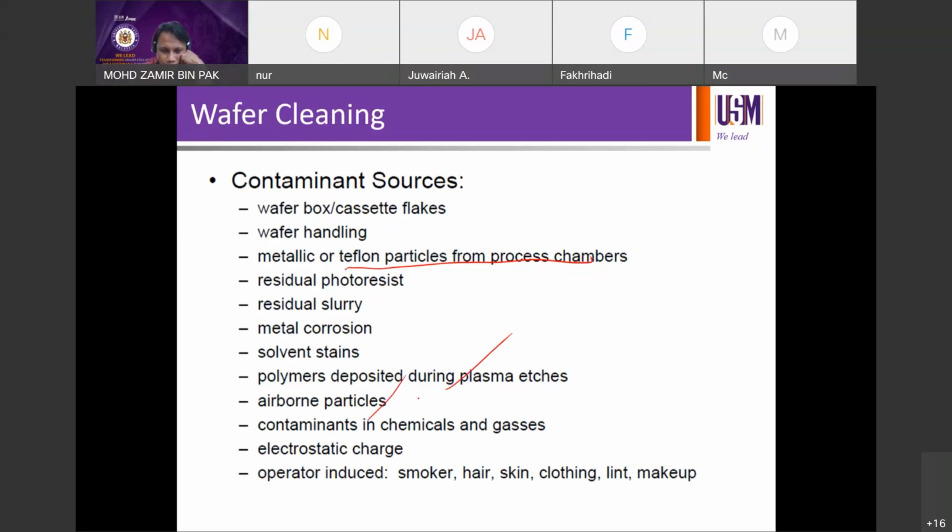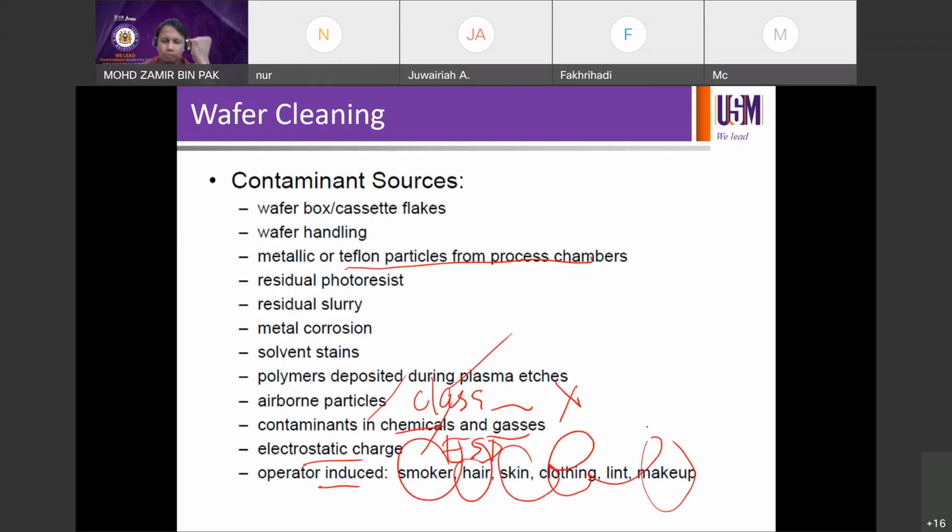The other day we discussed this when we talked about clean room classes, right? Contamination in the gases and the chemicals, right? ESD, electrostatic discharge, and operator-induced contamination, such as smoke, hair, skin, clothing, or makeup, right?